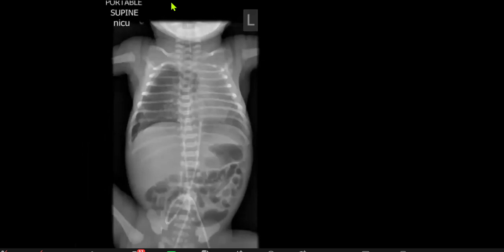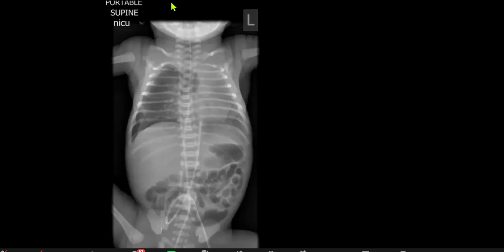Looking at the lines, there's an endotracheal tube in situ. There's also a nasogastric tube. It's difficult to see where the tip is, but it's below the diaphragm. The UAC is appropriately sited at the level of T9.